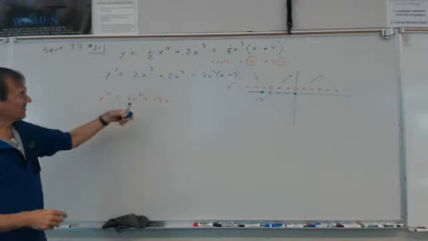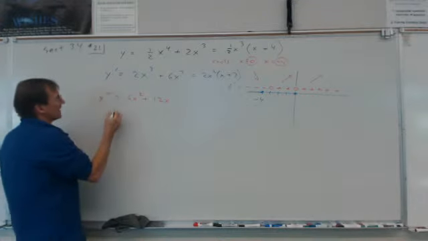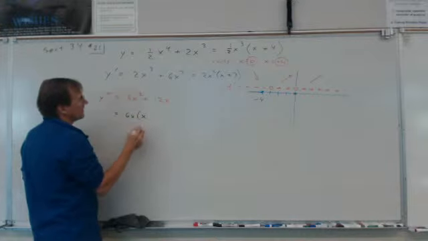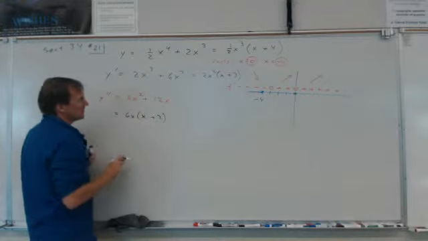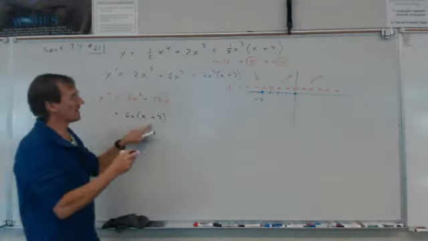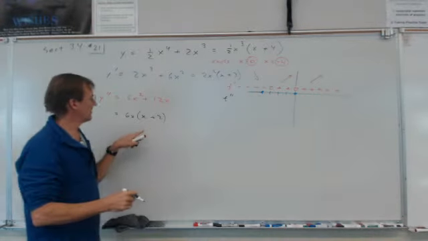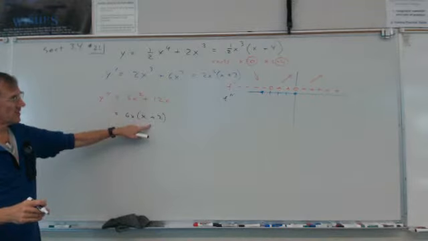Okay, concavity. Let's look at the second derivative, and we can factor out a 6x here, and then I have x plus 2. So here it's going to be the second derivative. It's going to be concave up or down, depending on the sign, of course.